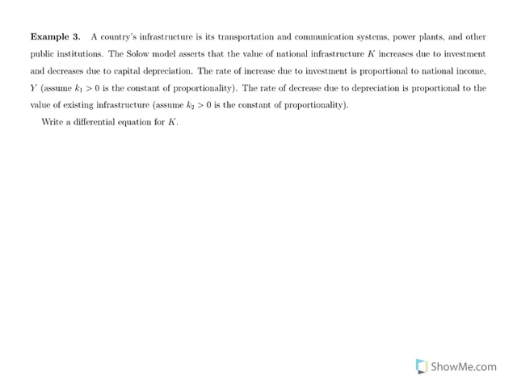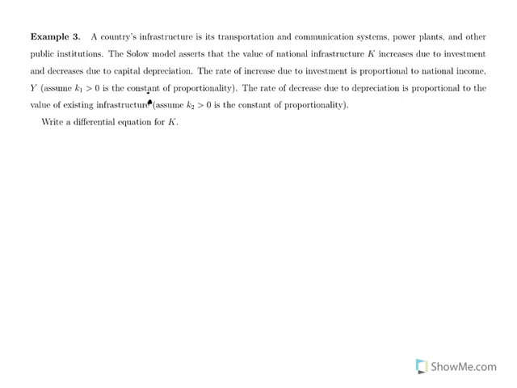The rate of increase due to investment is proportional to national income. We're going to call that national income Y. So we're going to assume that K1 is going to be the constant of proportionality. The rate of decrease due to depreciation is proportional to the value of existing infrastructure.